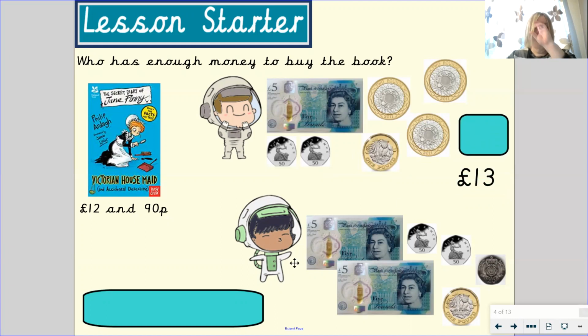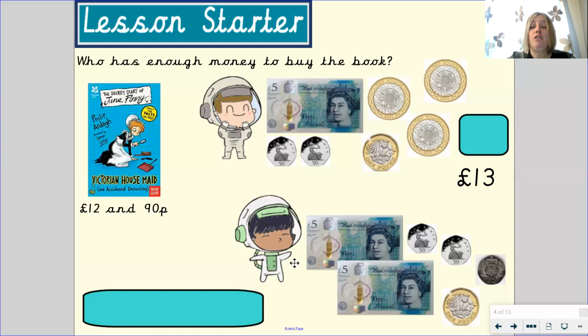Let's see how much money our green astronaut has. The green astronaut has two £5 notes, a £1 coin, two 50p coins, and a 20p coin. Let's add the pounds together first. £5 add £5 is £10. £10 add £1 is £11.